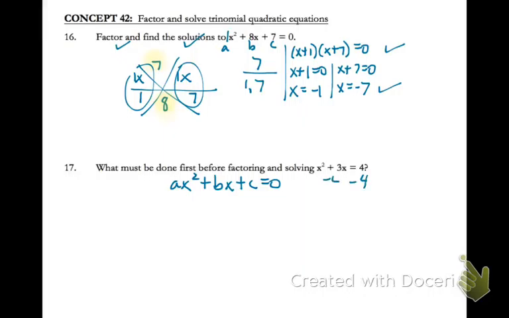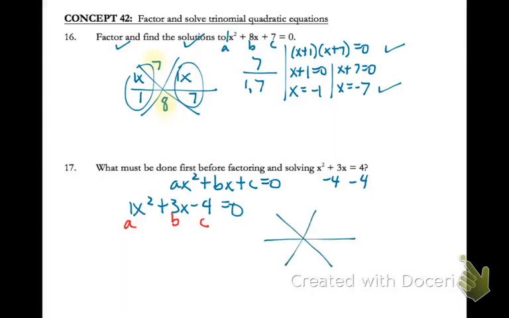You can do that by subtracting 4, and you'll get x squared plus 3x minus 4 equals 0. Identify your a, b, and c. A is 1, B is 3, and C is -4.